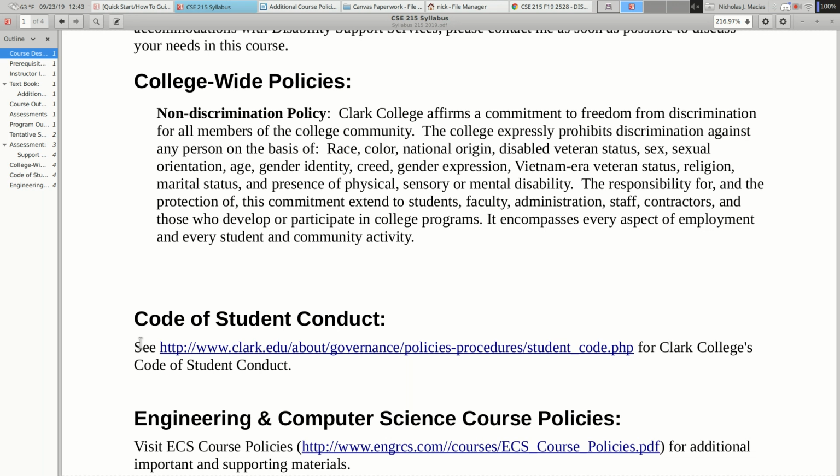The college expressly prohibits discrimination against any person on the basis of race, color, national origin, disabled veteran status, sex, sexual orientation, age, gender identity, creed, gender expression, Vietnam-era veteran status, religion, marital status, or the presence of physical, sensory, or mental disability. The responsibility for and the protection of this commitment extends to students, faculty, administration, staff, contractors, and those who develop or participate in college programs. It encompasses every aspect of employment and every student and community activity.